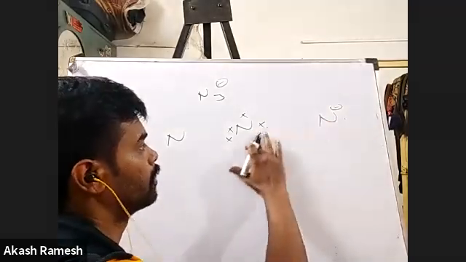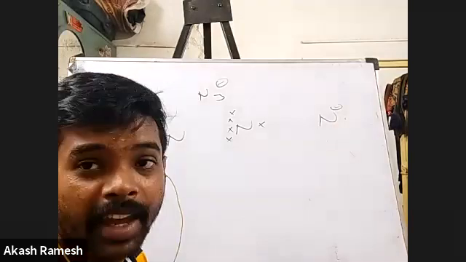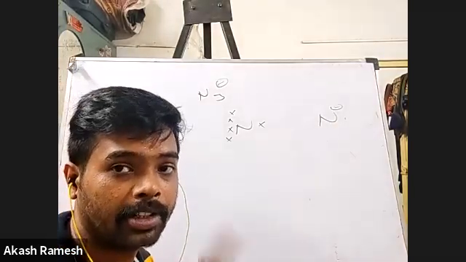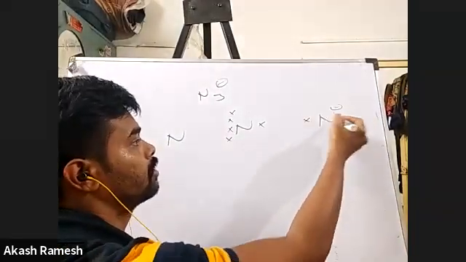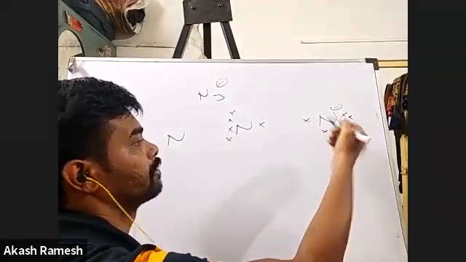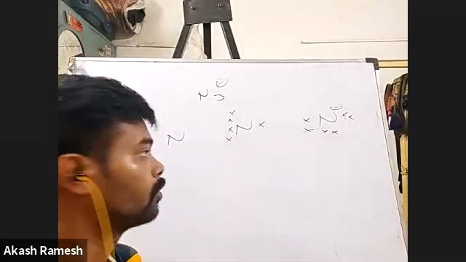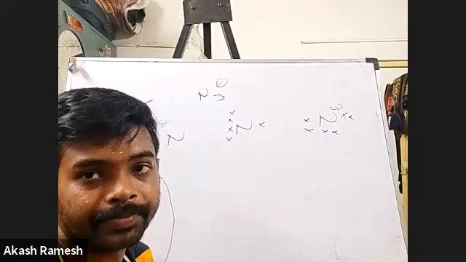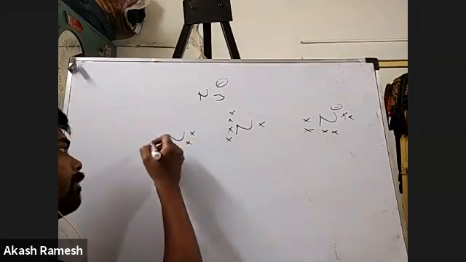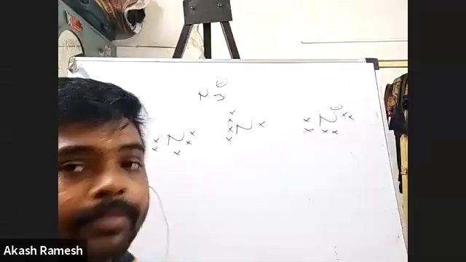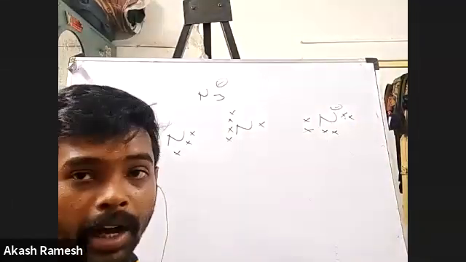And this nitrogen atom is N minus, so instead of 5 valence electrons, it's going to have 6 valence electrons: 1, 2, 3, 4, 5, 6. No problem. Again, this nitrogen atom is going to have 5 electrons. So one of them has a minus, the other two are neutral.